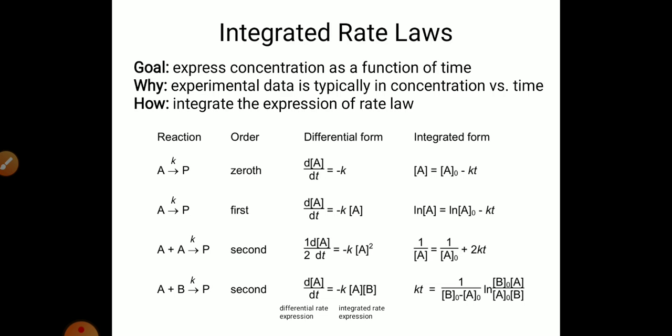The differential form for this is d[A]/dt equals minus k[A][B], and the integral form for this is kt equals 1/([B]0 minus [A]0) times ln([B]0[A]/([A]0[B])). So these are the integrated rate laws, or integrated rate equations, for zero order, first order and second order reactions.